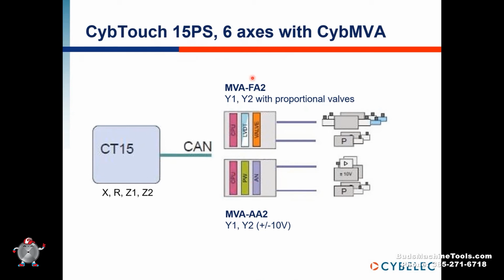The other possibility is the MVA FA2 in order to manage proportional valves, for example, Herberger. This MVA has current outputs, and we will directly wire the MVA to the coils of the valves.